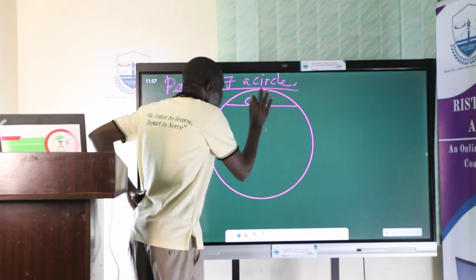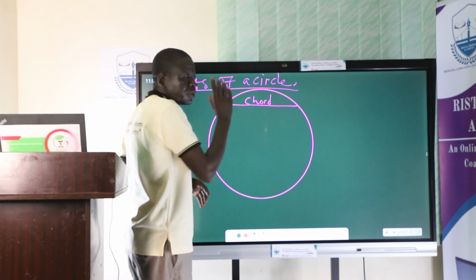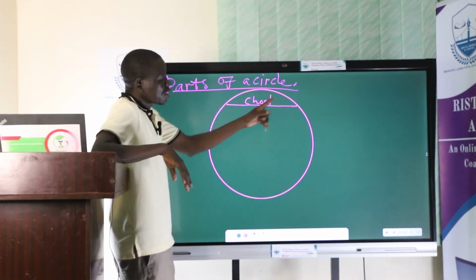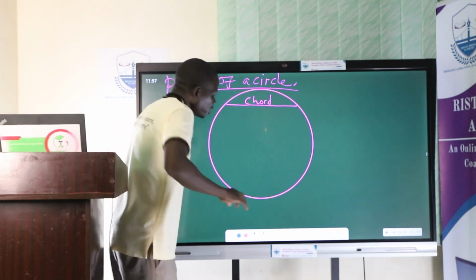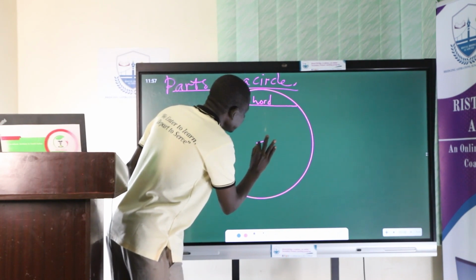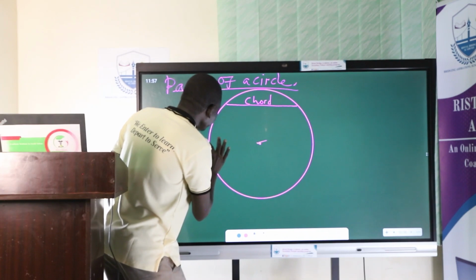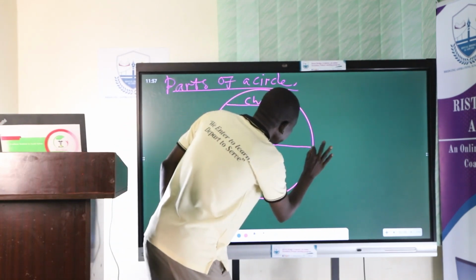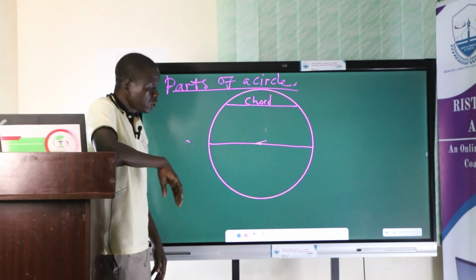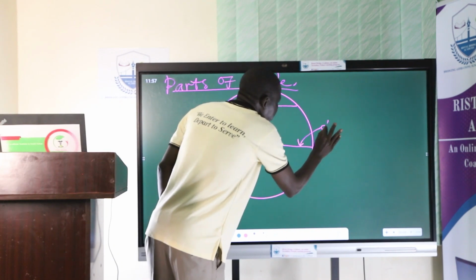The chord is the line that divides the circle into two parts, but not equally, running from one part of the circumference to the other. Then, this is what we call the center of the circle. In the center of the circle, we have a line that passes through it, dividing the circle into two equal parts. And the line is what we call the diameter.